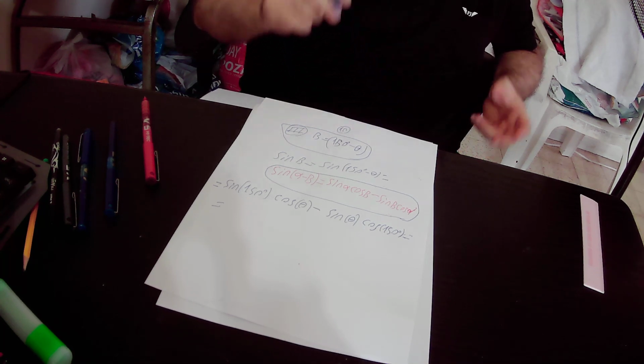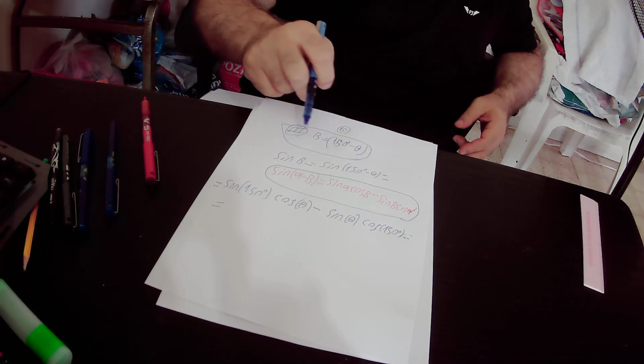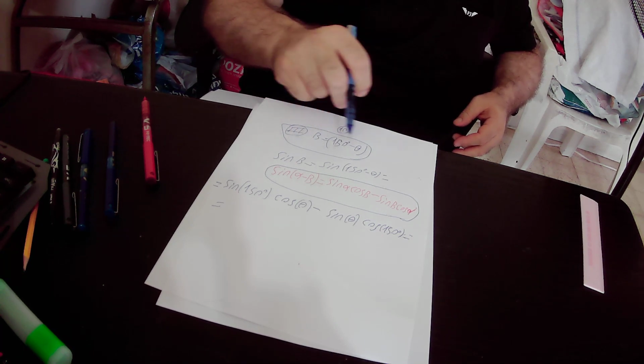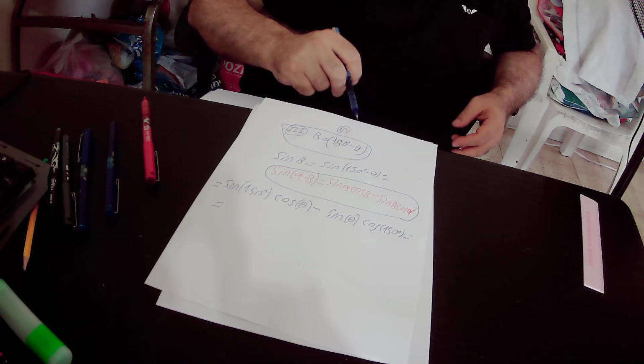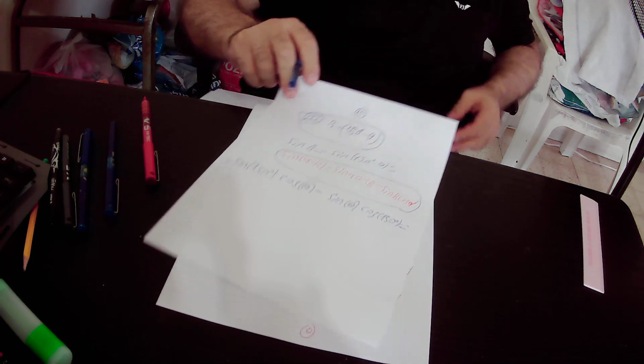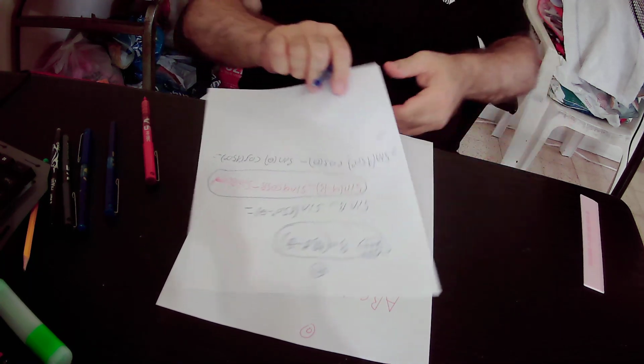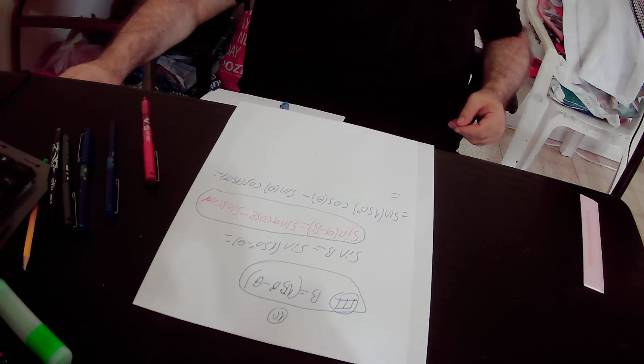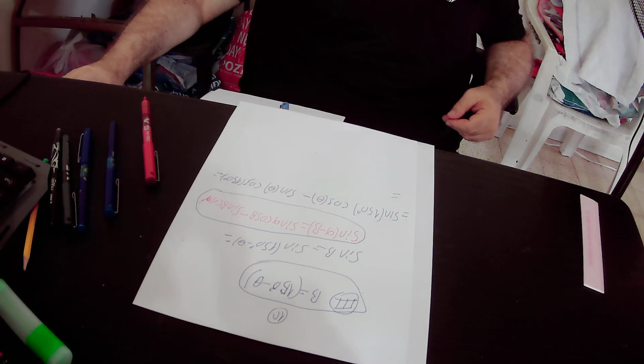That is actually the value of sine beta, because sine beta equals sine of 150 degrees minus theta. What is the value of sine 150 degrees?